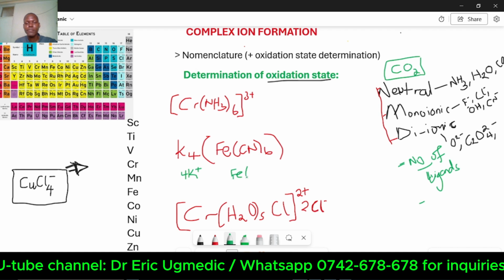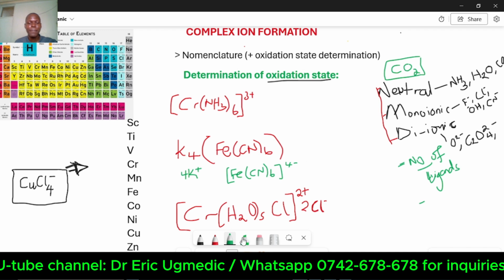Which means that I have iron, then the cyanide 6, this whole thing in brackets with a 4 negative charge. You get? So in other words, if we look at the formation or the balancing of equations, we see how these valences move and come about to form that. So this means that I have 4 potassium ions and this complex with a 4 minus charge.